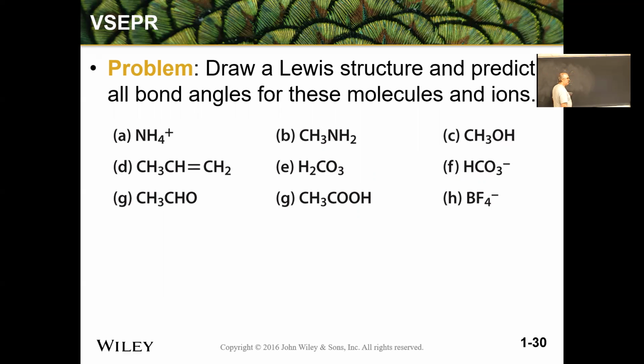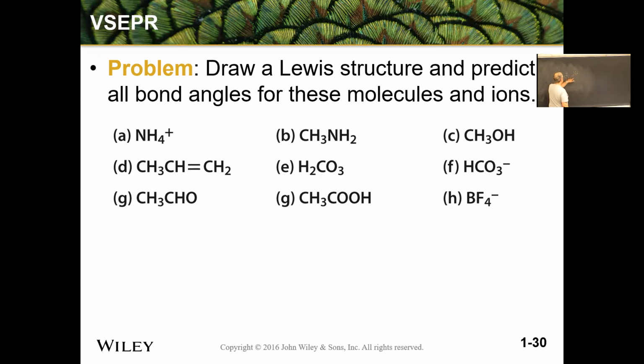Another example would be CH3CHO. This carbon we would expect to be tetrahedral, 4 electron-rich groups.